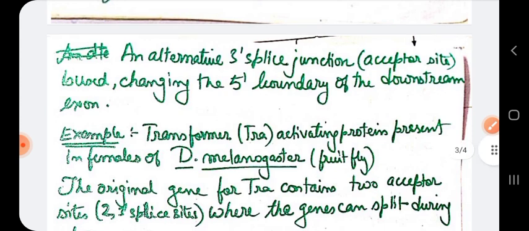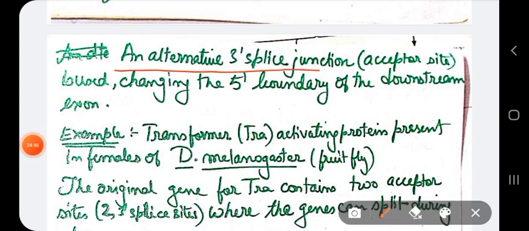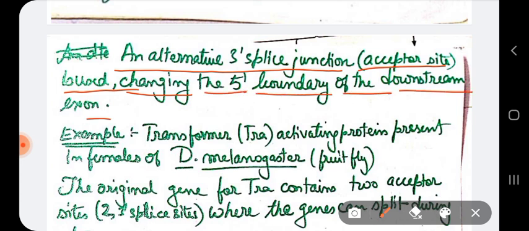So an alternative 3' splice site junction, called the acceptor site, is used, changing the 5 prime boundary of the downstream exon. So we are changing the boundary, and we are alternately trying to join with the help of that alternative 3 prime splice site.